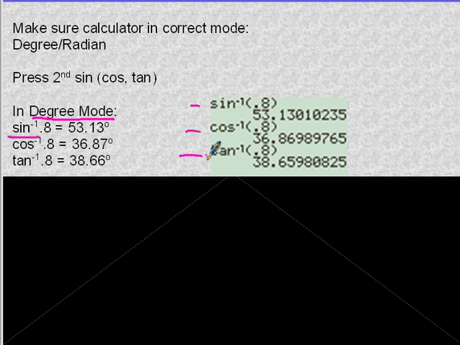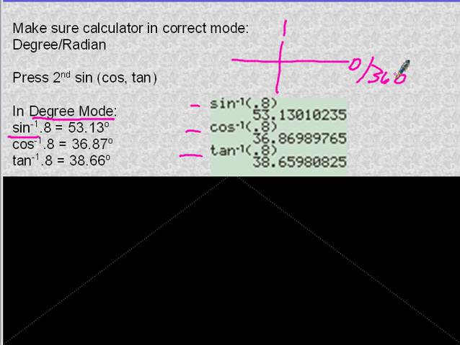And you can probably tell, well, we're going to get to that at the end of the lesson, but just do kind of a sanity check of your answer. 53.1 looks more like something that's degrees because it's a larger number. Remember, principal value is going to be from 0 to 360, less than 360 actually. So the largest number in degree mode you're going to get is 359.999.